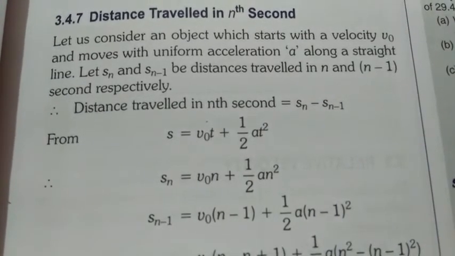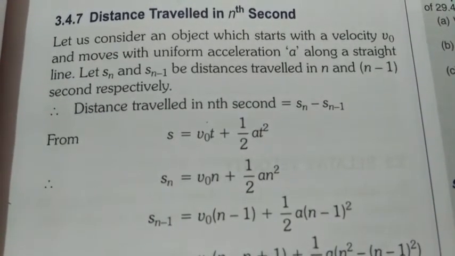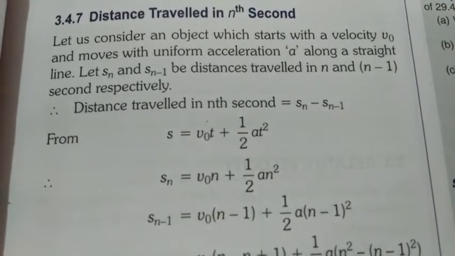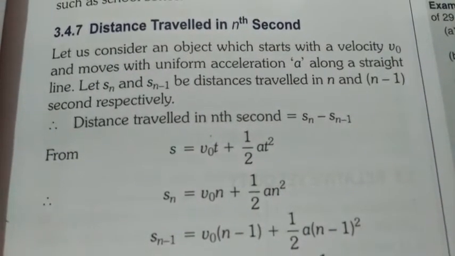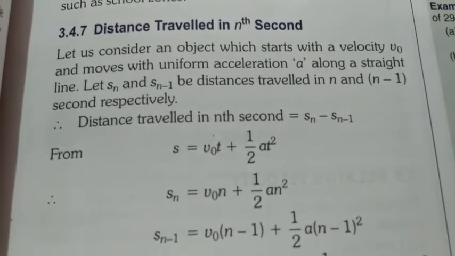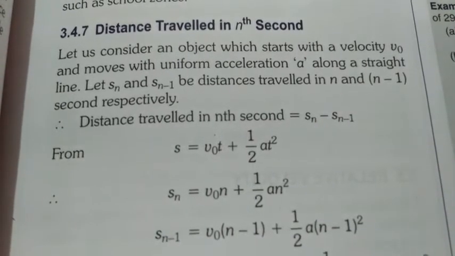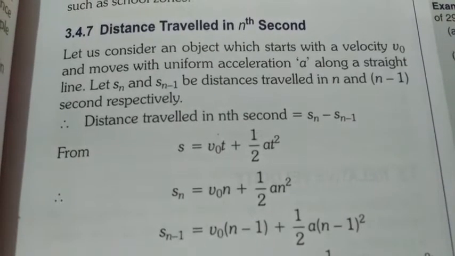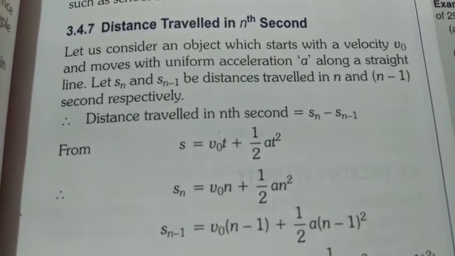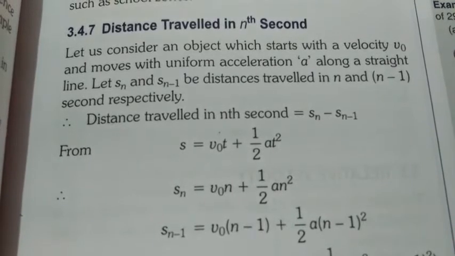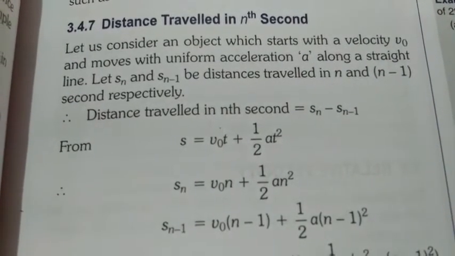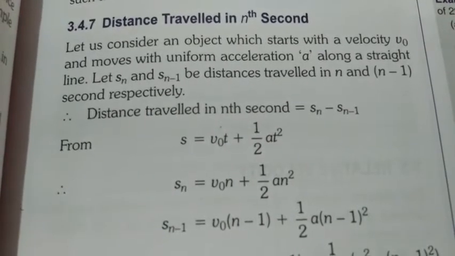So that time the distance will be covered in that particular time only. Like suppose an object has moved for 5 seconds, and we don't have to find the distance traveled in the whole 5 seconds, but we want only the distance traveled from 4th second to 5th second.